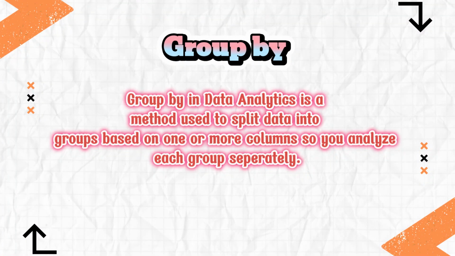So first of all, what is Groupby? Groupby in data analysis is a method used to split data into groups based on one or more columns, so you can analyze each group separately. Let's say now you're in a particular class filled with students. Now you want to know how many females are in that class, how many males are in that class.